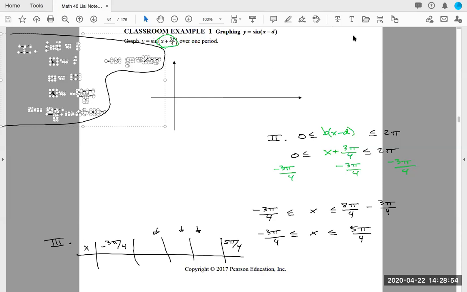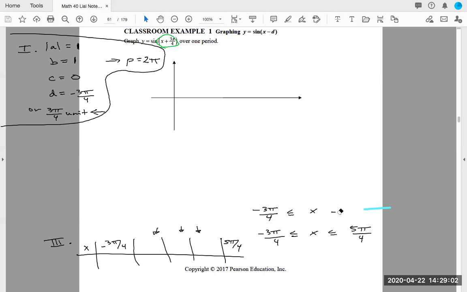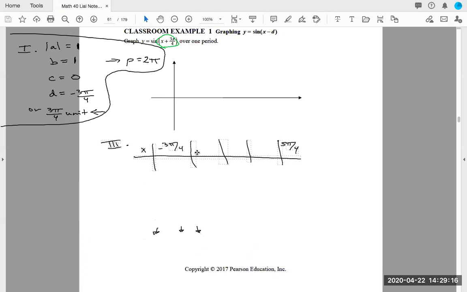And then let me erase. Sorry, it's taking some time here.